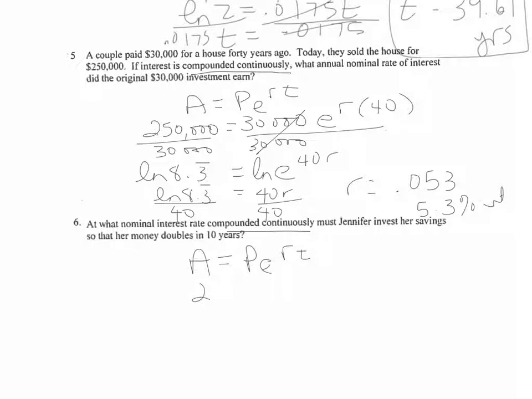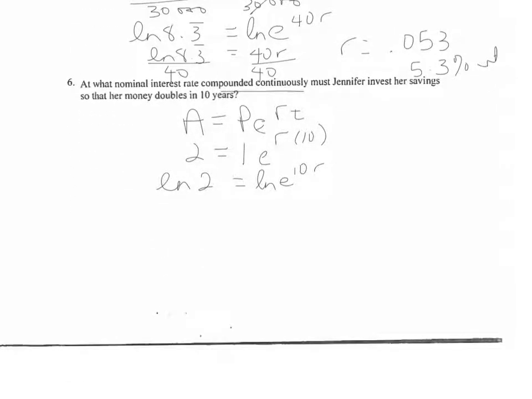Let's figure out how long it would take $1 to turn into 2. So if I want $2, but I'm investing $1, I want to know what interest rate I need for it to double in how many years? 10. Okay. So if 2 is equal to e to the 10r power, when you take the natural log of each side, and we know we're doing that because of that base of e, we're going to come up with 10r equals the natural log of 2.